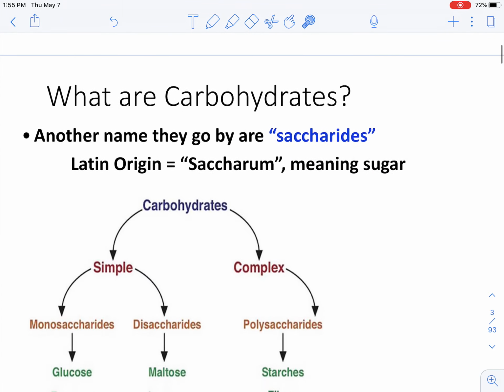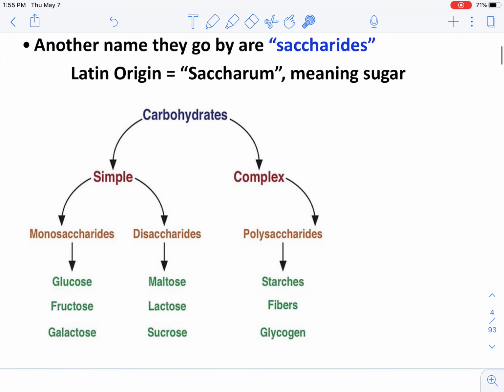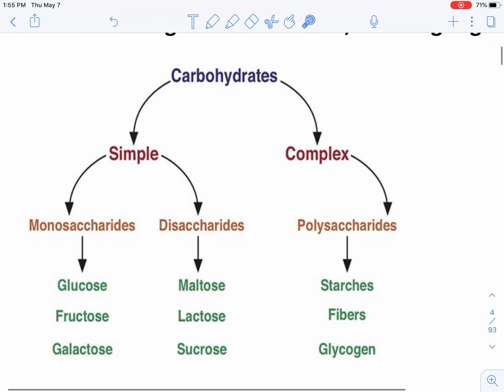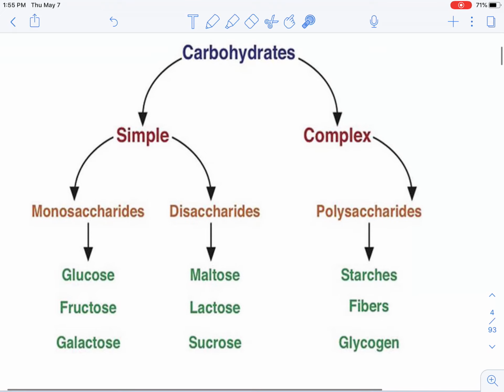Carbohydrates also go by another name, which is saccharides. Saccharides comes from a Latin word, saccharum, meaning sugar. We can use the name saccharides to describe different categories, if you will, of carbohydrates.